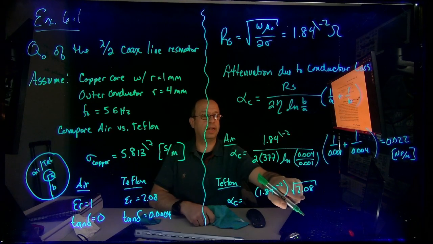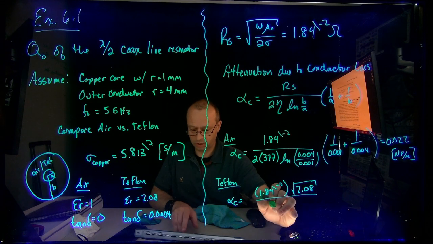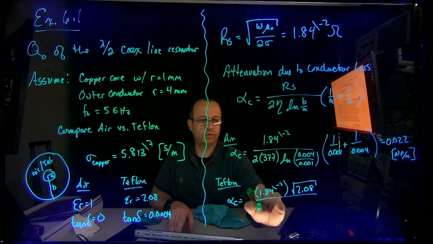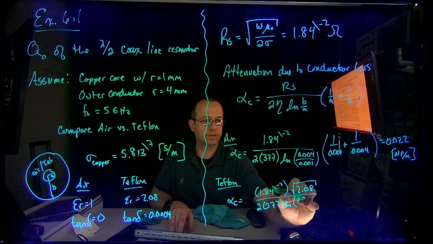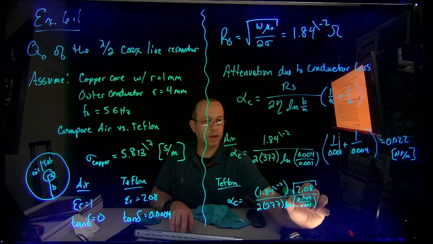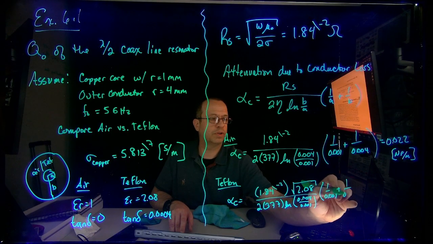And so we need to add the epsilon R of 2.08, the square root, over 2 times 377 times the ln of 0.004 over 0.001. And then again, 1 over 0.001 plus 1 over 0.004.